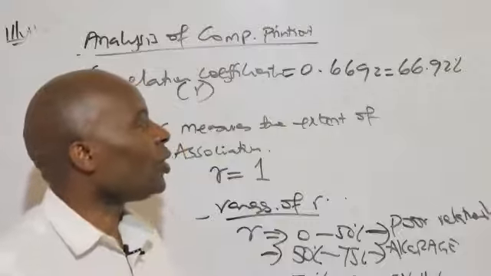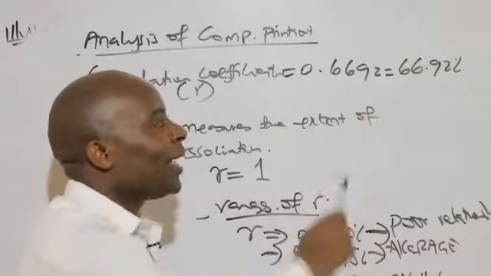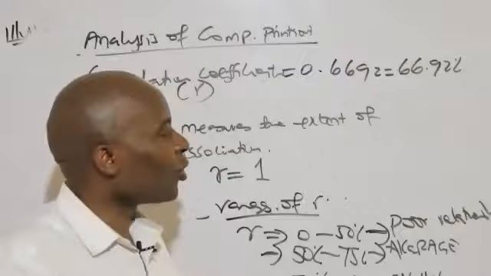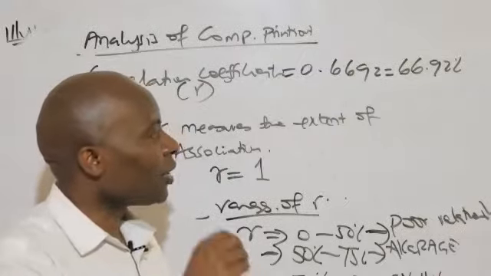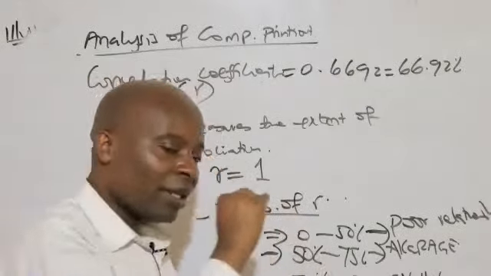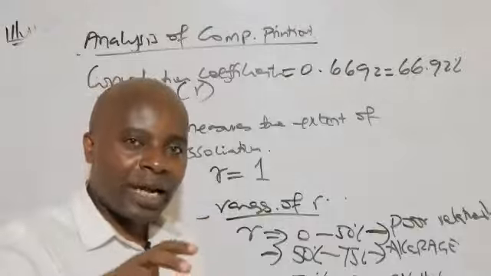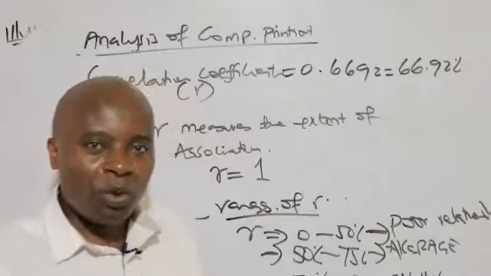So ladies and gentlemen, when you see 66.92, where does it fall? It falls here. So what they are telling us is that 66.92%, which falls here, means that the variables of this model have an average association. It's a lukewarm relationship.